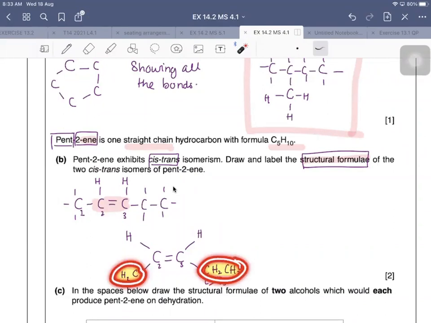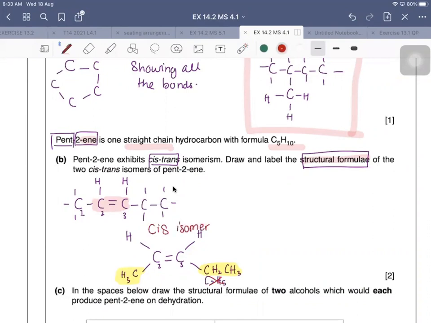Okay, so I have drawn the cis isomer for you. Sorry. So now you have to draw the trans for me. Okay, make sure you label, this is the cis isomer, and then you will draw for me the trans isomer.